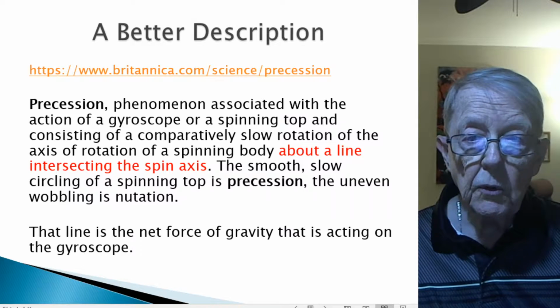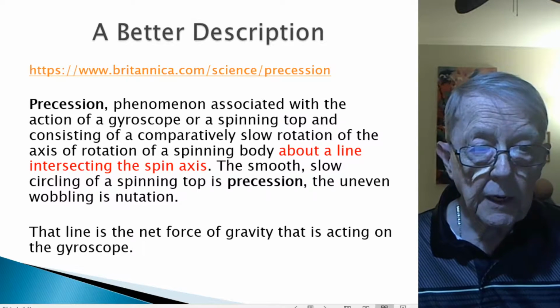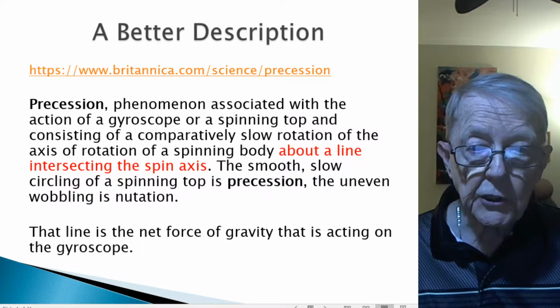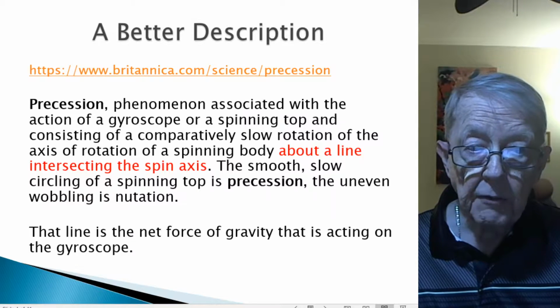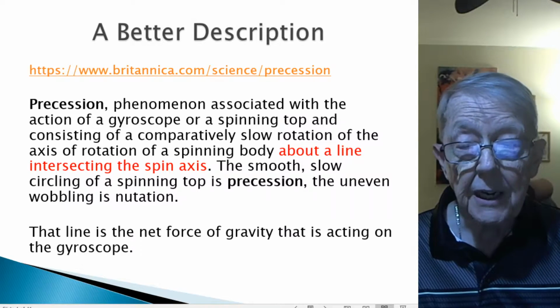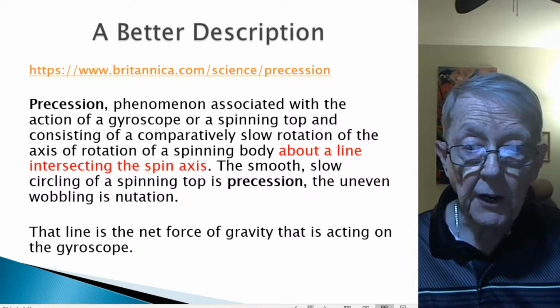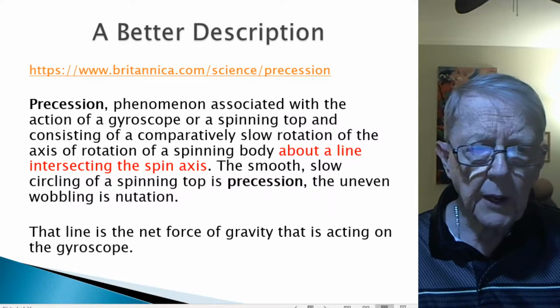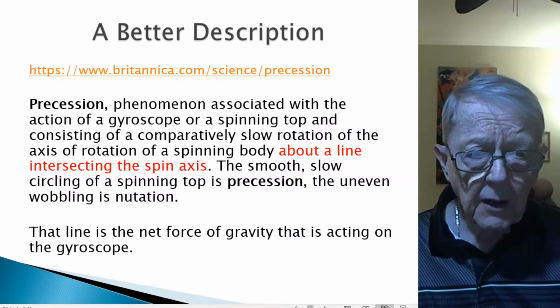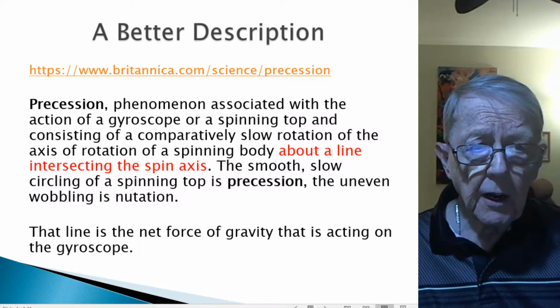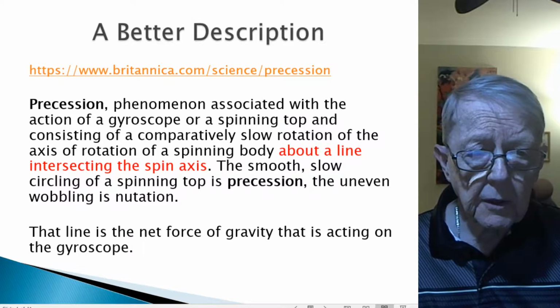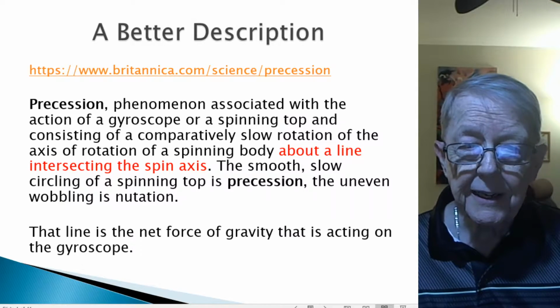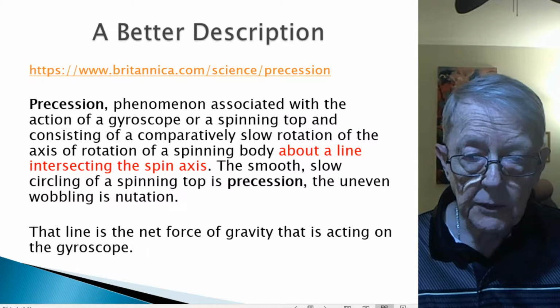This smooth, slow circling of the spinning top is precession. The uneven wobbling is nutation. That's another thing that we could talk about in the future. Not planning that right now. That line of force that they talk about is the net force of gravity that is acting on the gyroscope.